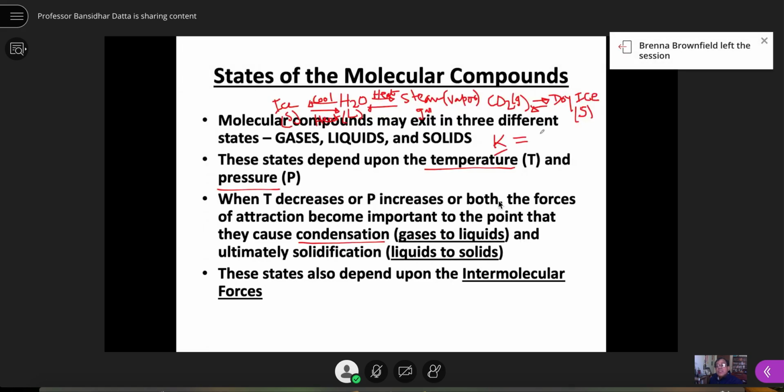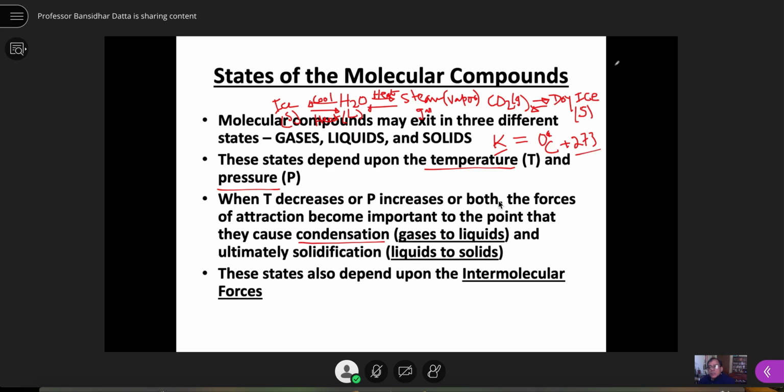Kelvin is degree Celsius plus 273. That's a standard value, and at that point, minus 273 is the absolute temperature. When you take all those elements, all those gaseous molecules, and put them at minus 270 degrees Celsius, basically everything will freeze.